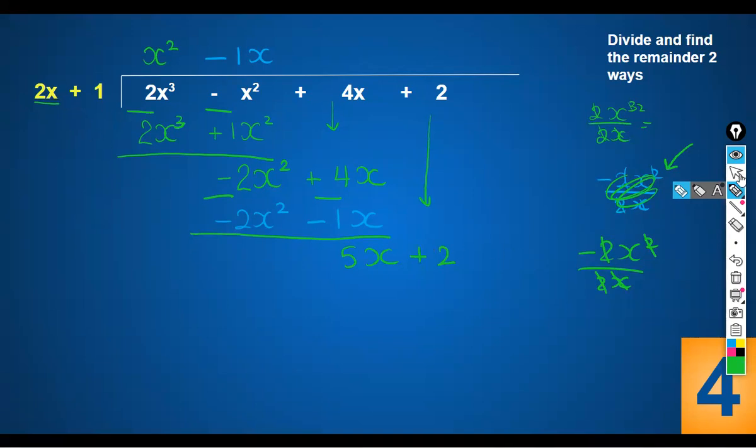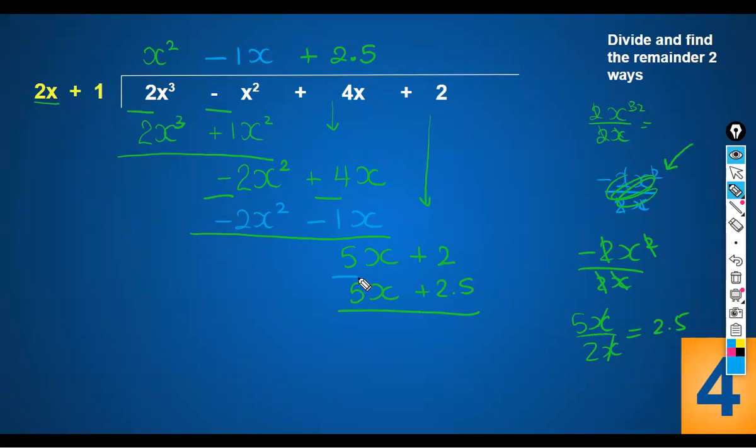I think we're going to get a decimal in this one, right? If I'm not mistaken. Because here we have 5x and we have to divide it by 2x. So 5x, that's this guy here, divided by 2x. Nothing wrong with that decimal. X and the x will cancel out. 5 divided by 2 is 2.5. 2.5 by 2x is 5x. 2.5 by 1 is 2.5.